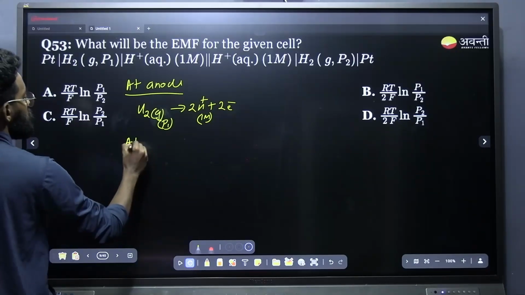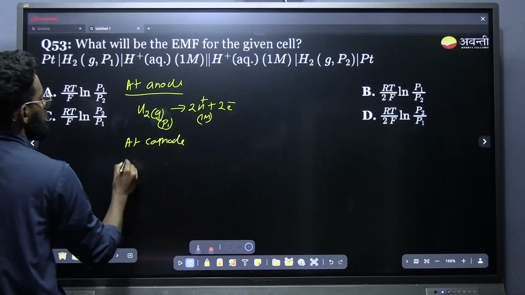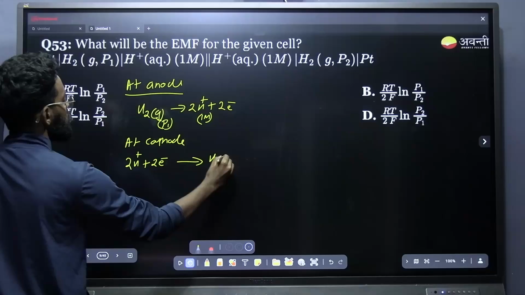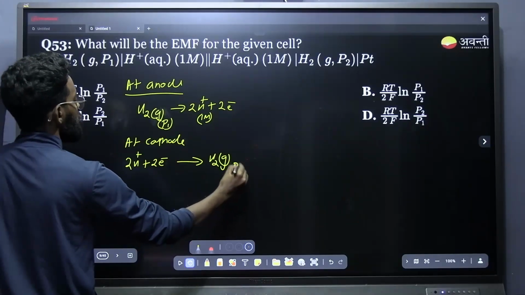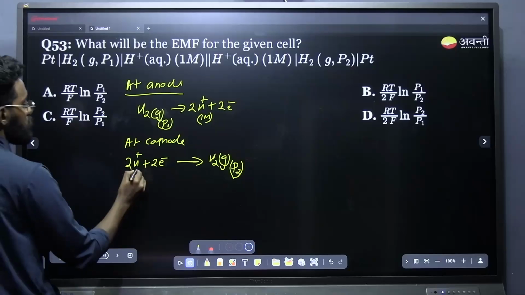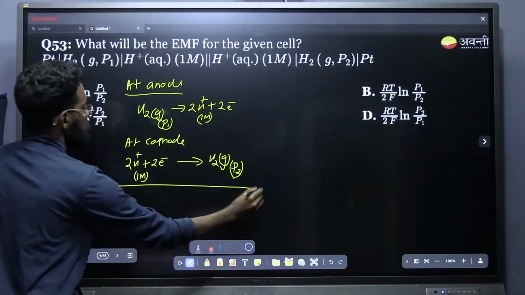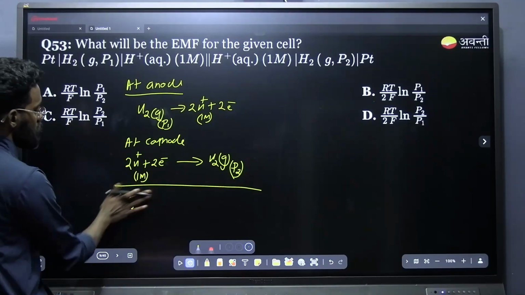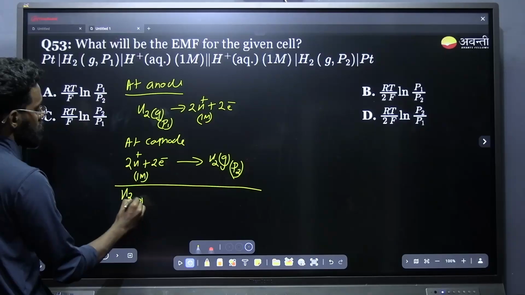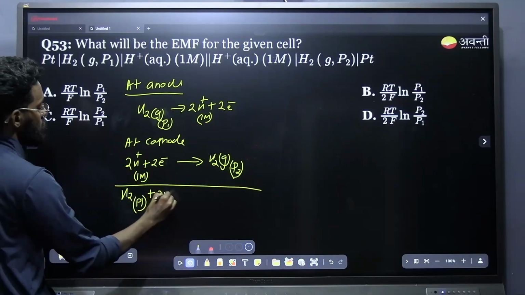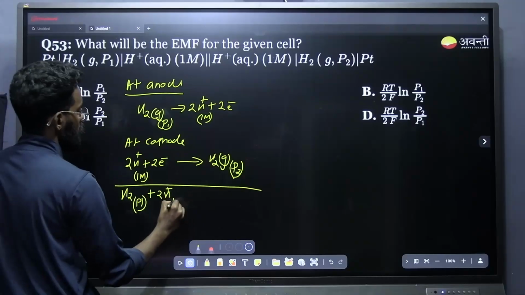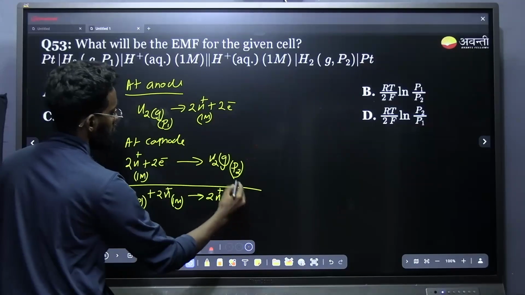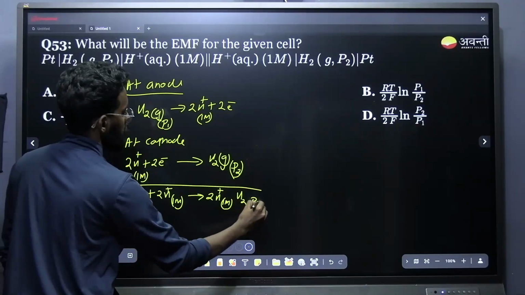And what is happening at cathode? Cathode: 2 H plus plus 2 electron gives H2 gas, which is having a partial pressure of P2, and here the molar concentration is 1 molar. Now what is the net cell reaction? H2 with partial pressure P1 plus 2 H plus, 1 molar, gives 2 H plus, 1 molar, and H2 with partial pressure P2.